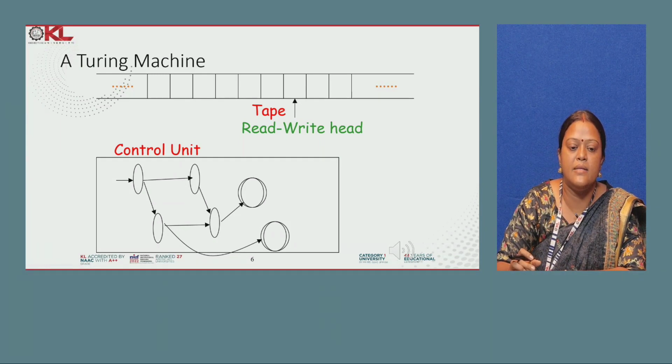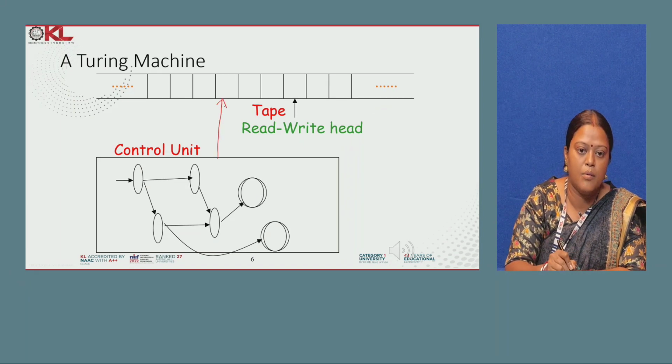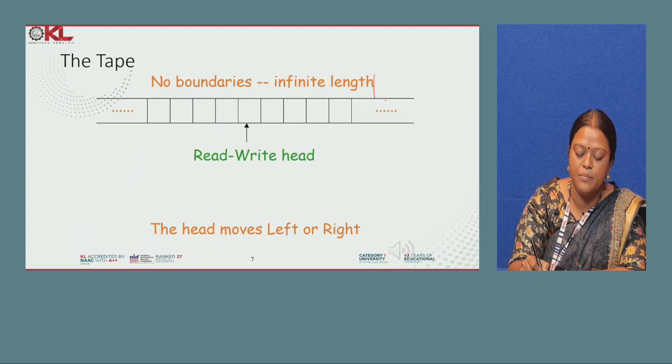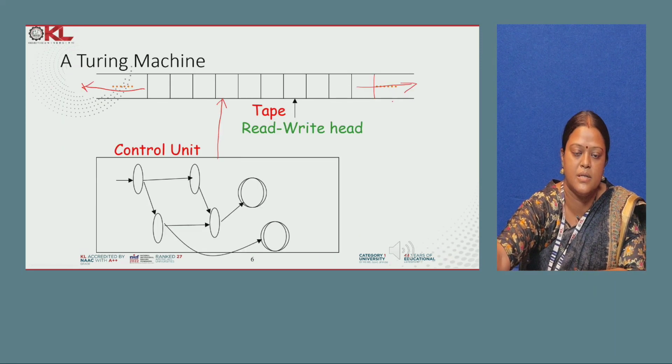The head will be locating to any of the cells of this infinite tape. This is infinite, like you can go in any direction. Basically, after the input, all this part will correspond to the blank symbol, and whenever we need it, we can extend to the right or left hand side. That is, there are no boundaries.